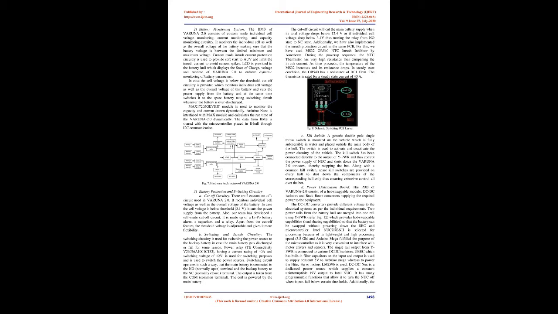D. Power distribution board. The PDB of VARUNA 2.0 consists of a hot swappable module, DC-DC isolators, and buck-boost converters supplying the required power to the equipment. E. Actuator board. The torpedo system is controlled by a solenoid valve. The valve switches at 12V DC.